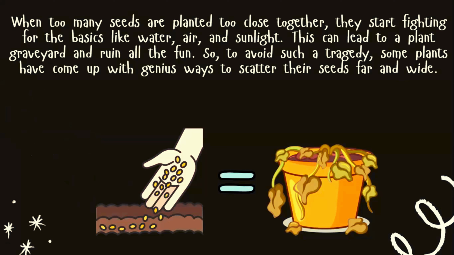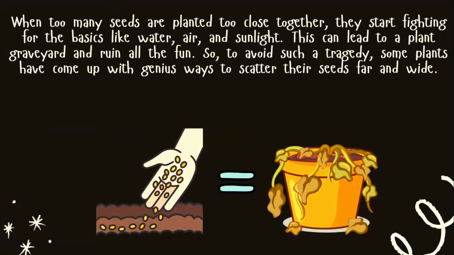And this can lead to a plant graveyard, and it will ruin all the fun, and they will not flourish. That's why some plants have come up with genius ways to scatter the seed far and wide.